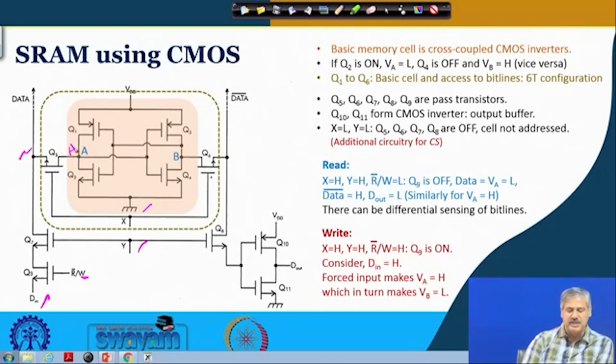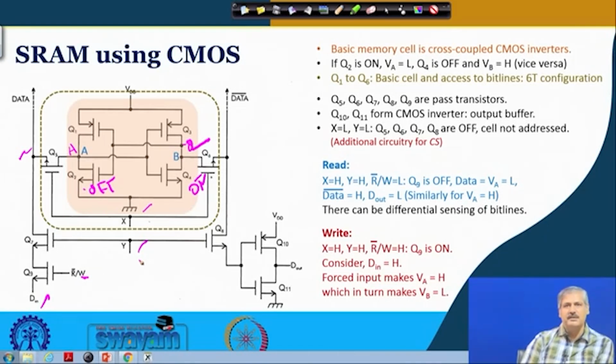So, if it is sending a high, this high will make this one on, and that will make it off. This value will be low. So, this low will make this off, and it will remain at high. Then if you remove it, because of its bistable nature, it will continue to remain at this value. So, that is getting switched.